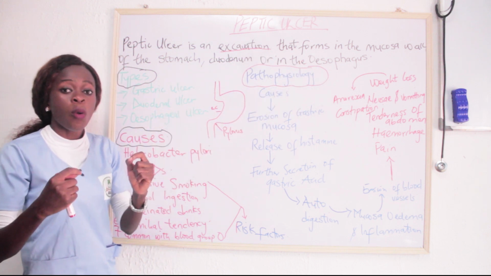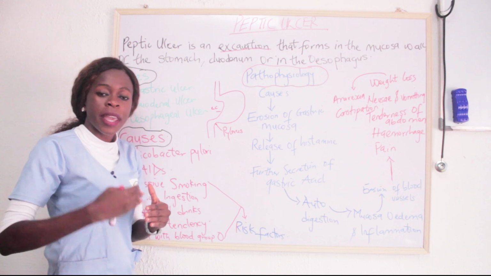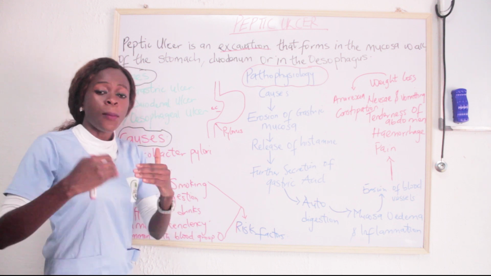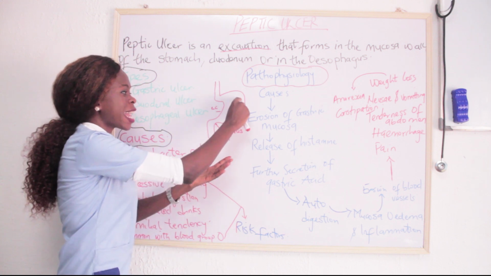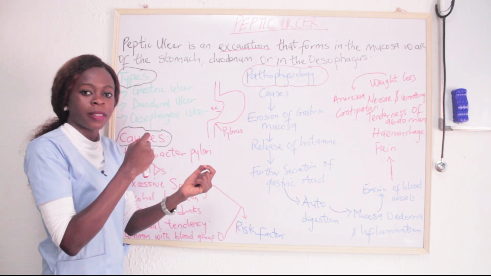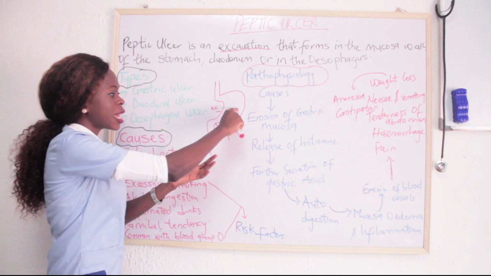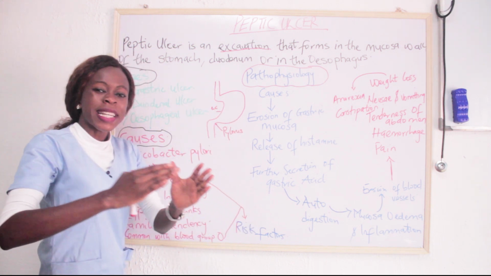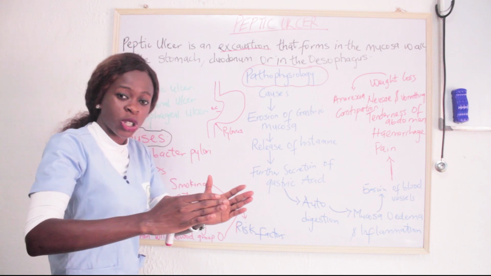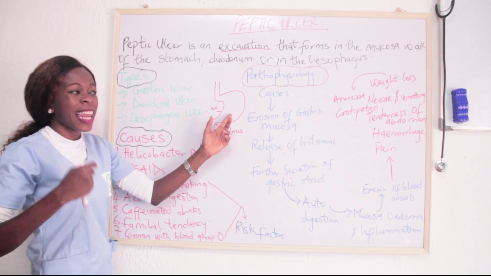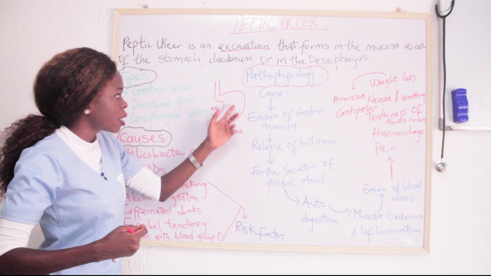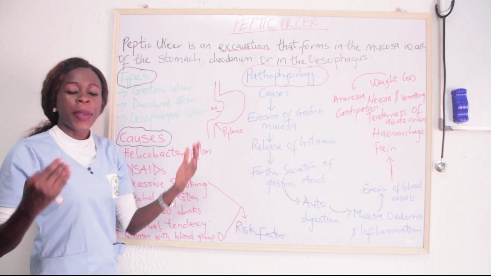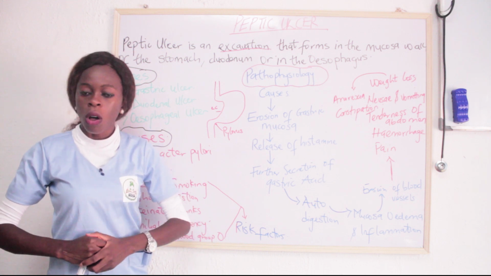Remember in our anatomy and physiology of the stomach, the mucosal lining is the innermost layer of the stomach. So when there is an erosion, an excavation of the mucosal lining of the stomach, the esophagus, or the duodenum, we say peptic ulcer has occurred.